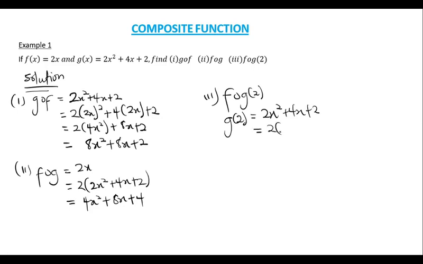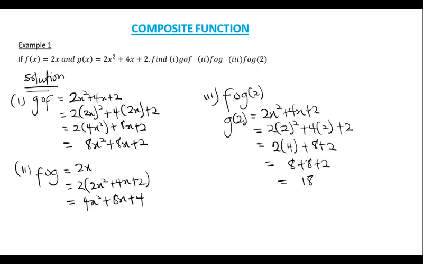Wherever we see x, we substitute 2 there. So we have 2 into bracket 2 squared plus 4 into bracket 2 plus another 2. So we have 2 into bracket 4 plus 8 plus 2. This is 8 plus 8 plus 2, and this will give us 18.